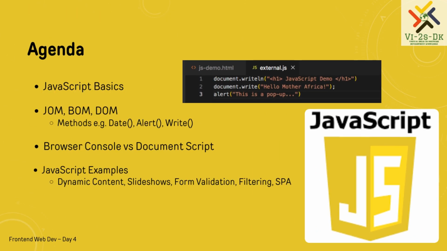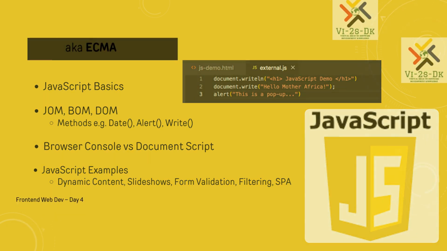We'll discuss the JavaScript basics as well as the JavaScript object model, the browser object model, the document object model, and their methods. We'll also look at how we can write JavaScript on the console or in a script, as well as a few examples of how JavaScript is used in web development. Let's dive right in.